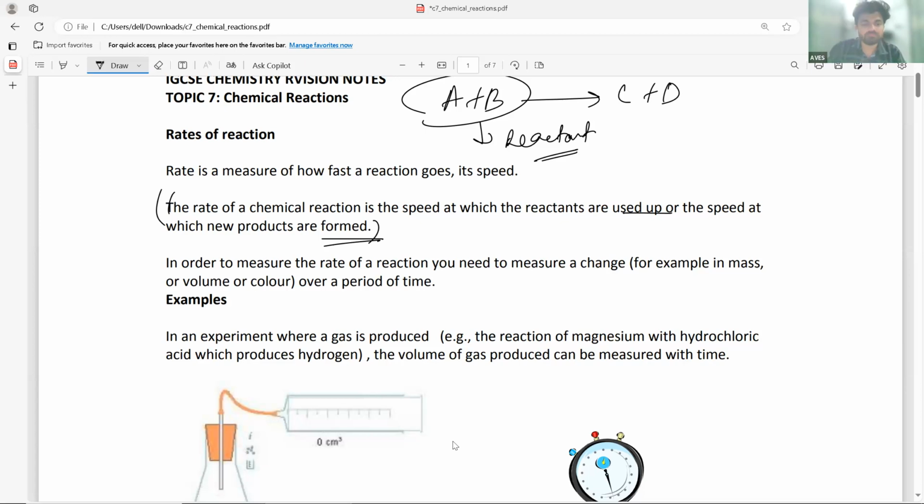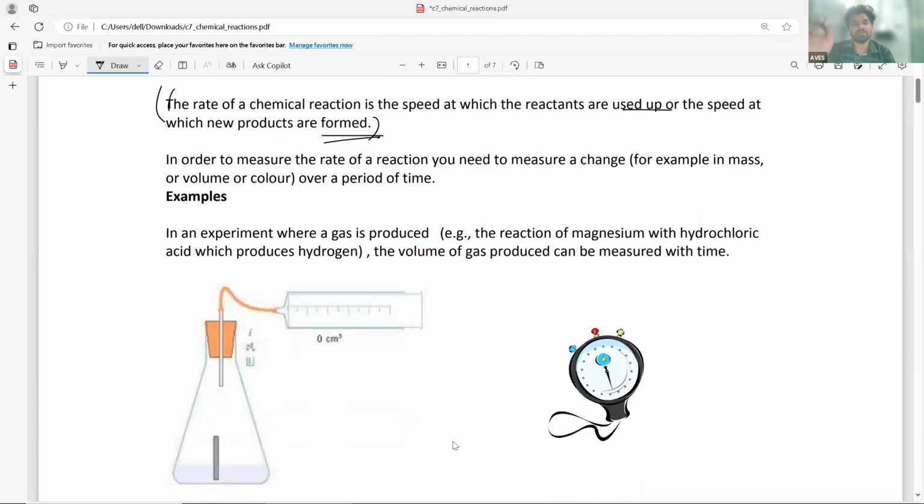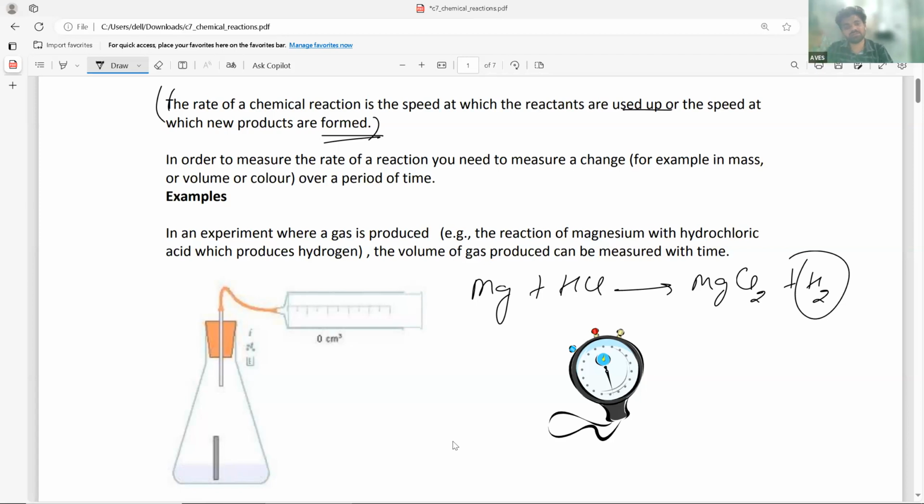Okay. So now, for example, you add magnesium to react with HCl, you will find that MgCl2 will be formed plus hydrogen gas. The rate of production of hydrogen gas will be faster initially, but after some time it will become slower.